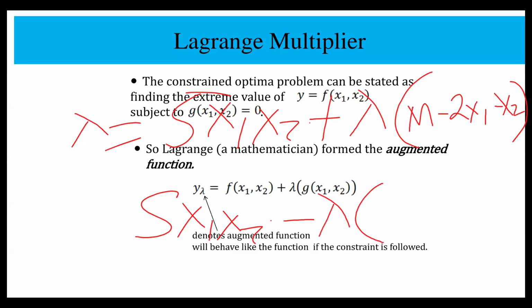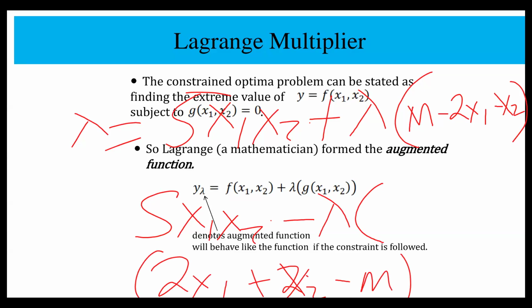Only the m will cross the equal sign to the other side. 2x1 plus x2 equals to m, which is the constant, the 100, your budget. If your m is the one crossing the equal sign, it becomes negative m.